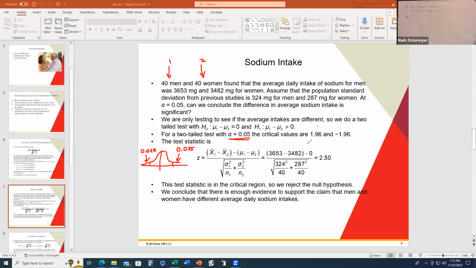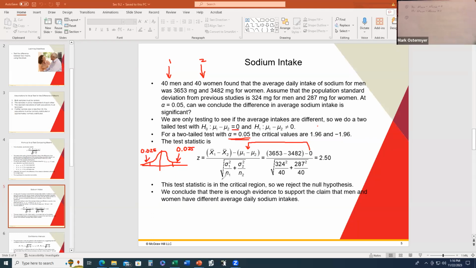Where does the 0 come from? 0 comes from the assumed difference between the unknown population means under the null statement, which says that the difference is equal to 0. That's where that 0 comes from, because this is under the null statement here.